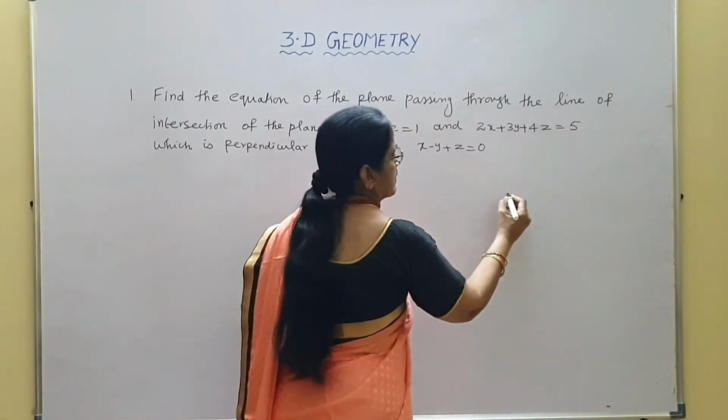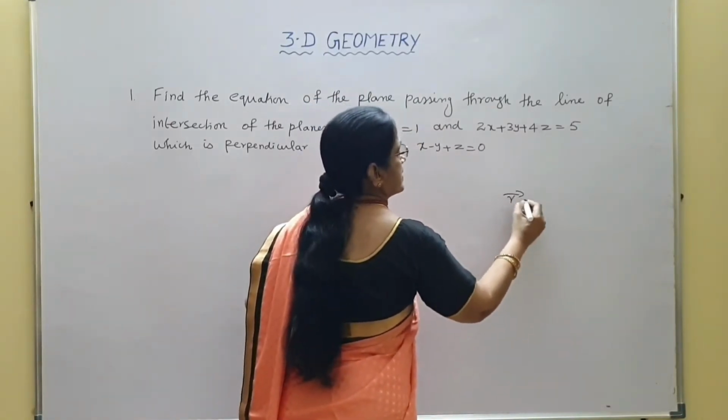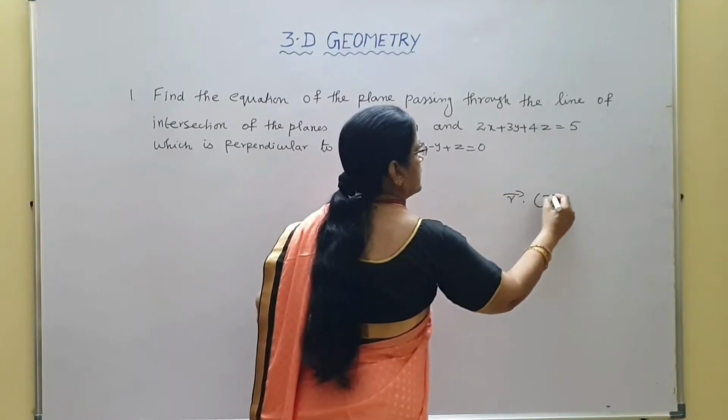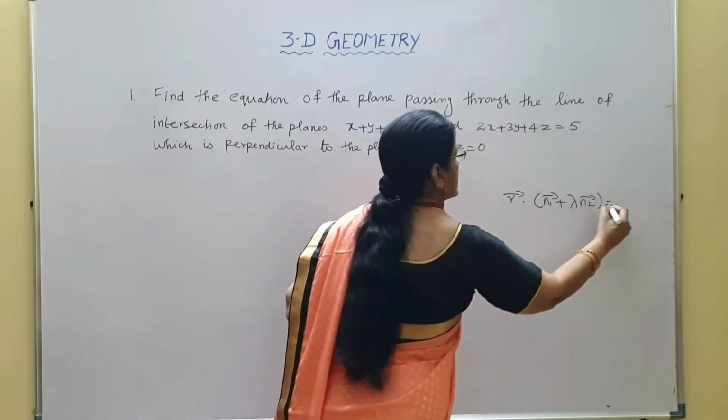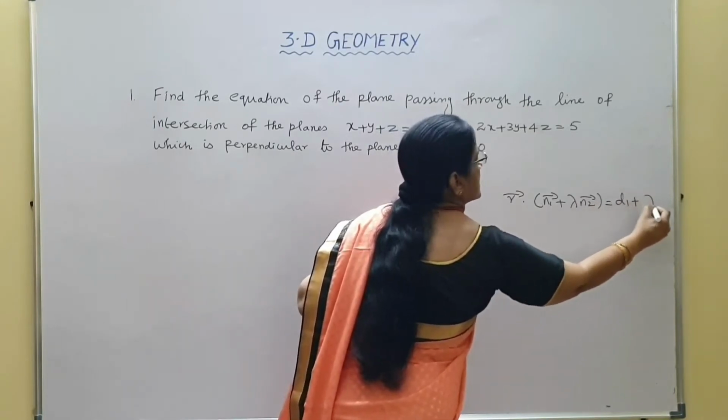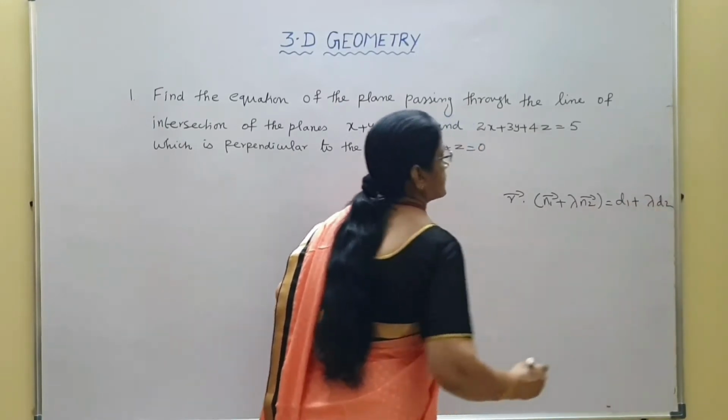The vector equation of the plane is r vector dot n1 vector plus lambda times n2 vector is equal to d1 plus lambda times d2.